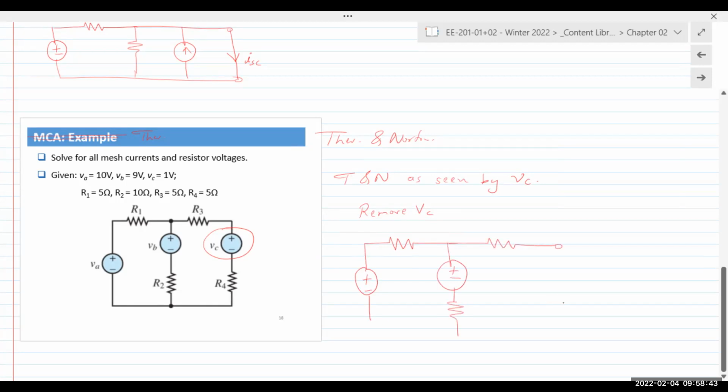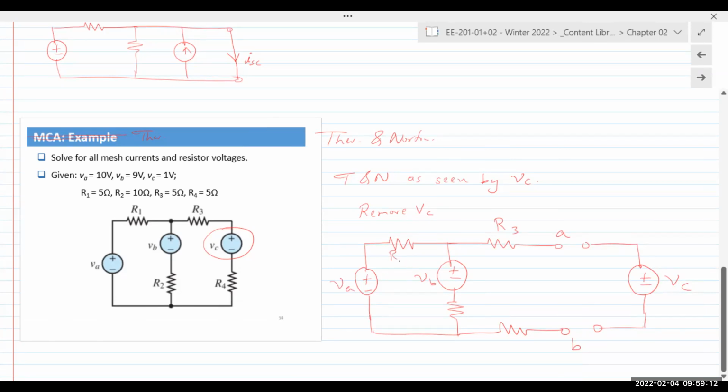VC is gone. I have a resistor R4 here. I'll draw it down here. And this was where VC was connected. Let's call this terminal A and terminal B. Still the same circuit. No change to the circuit yet, except that we're removing VC.